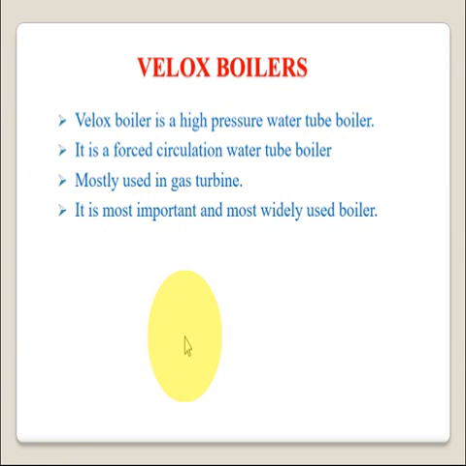Now the next boiler is the Velox boiler. The Velox boiler is a high pressure water tube boiler. It is of forced circulation type, mostly used with gas turbines, and it is one of the most important and widely used boilers.